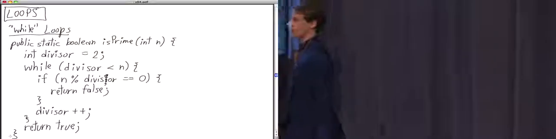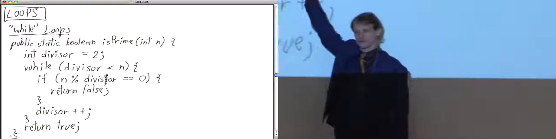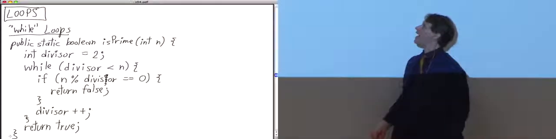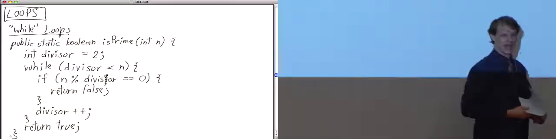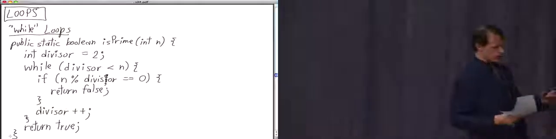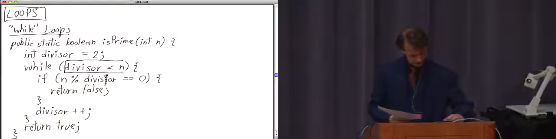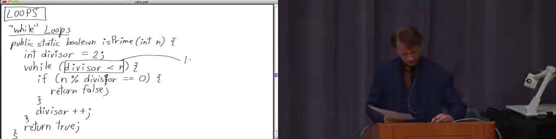So let's come back to the while loop. When execution first reaches the while loop for the first time, it sees that test, divisor less than n, and it tests whether or not that's true. So that test, divisor less than n, that is known as the loop condition.